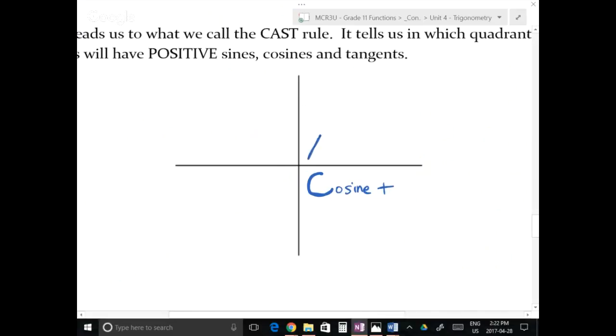So what does the A stand for? What's positive here? Anything adjacent, that's true, but All is the word I was looking for. They're all good answers. These are all positive.